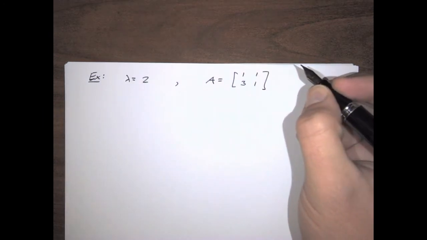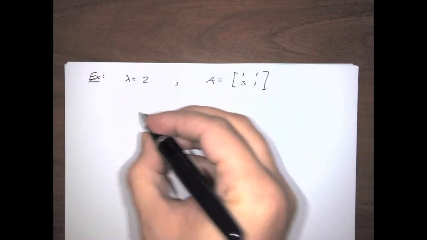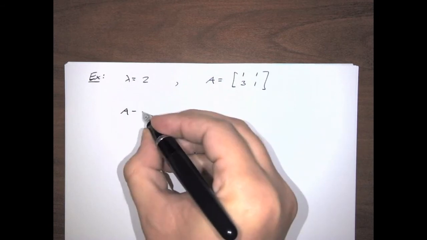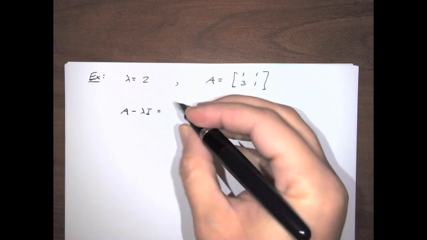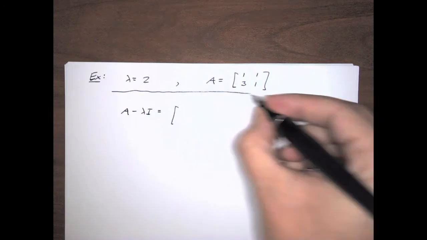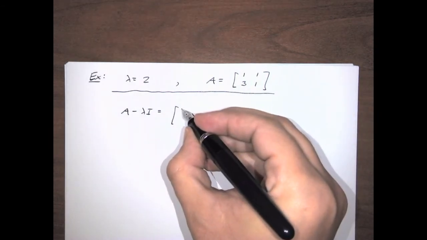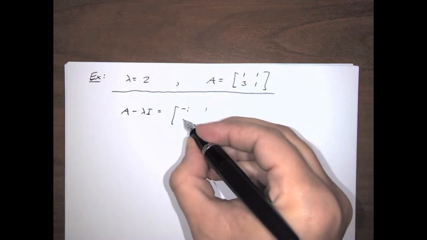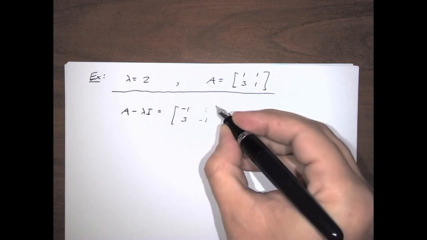Okay, well, if we subtract, we'll mostly cut to the chase on this. A minus lambda I is going to equal, if we just repeat what we did but now with a value of 2, a negative 1, a 1, a 3, and a negative 1.